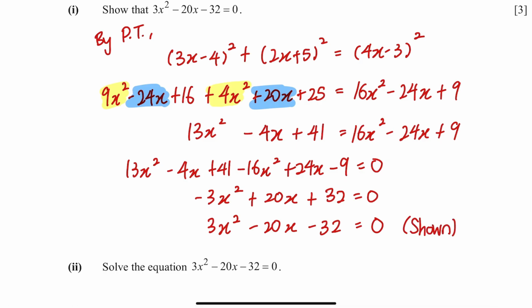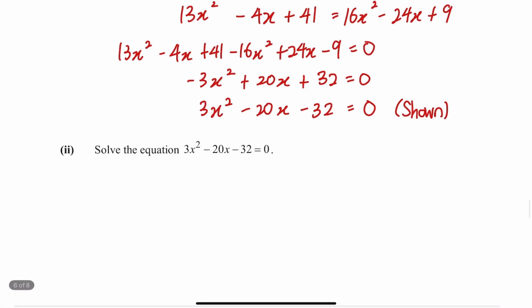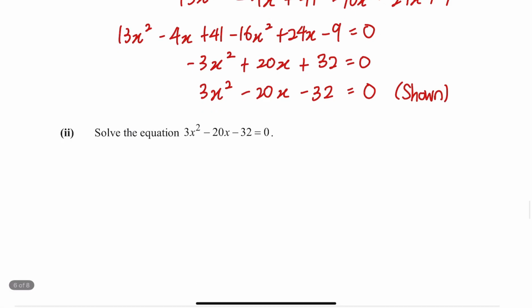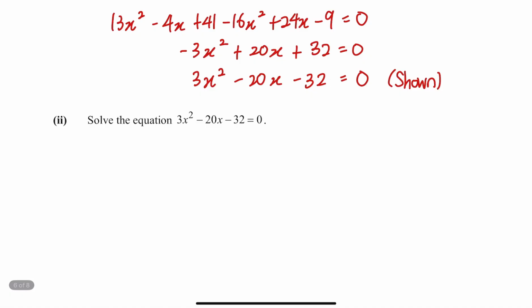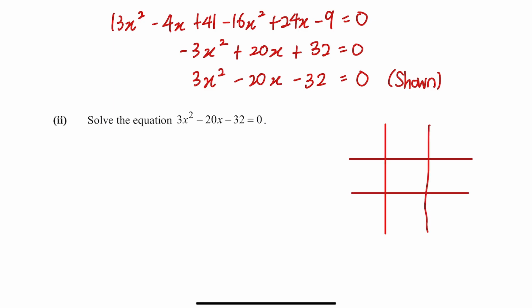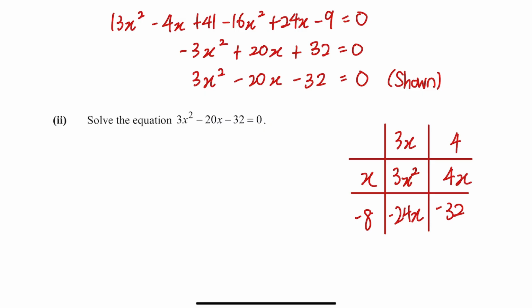Okay. In the last part, therefore, solve this equation. Very simply, to solve a quadratic equation, just need to factorize. So over here, by factorization, you can either use your tic-tac-toe method or your cross method, whichever you're comfortable with. When I factorize this, I'll get 3x squared and negative 32. By factorization, I should get 3x times x, then 4 and negative 8, I'll get 24x and 4x, and they add up to give me negative 20x.